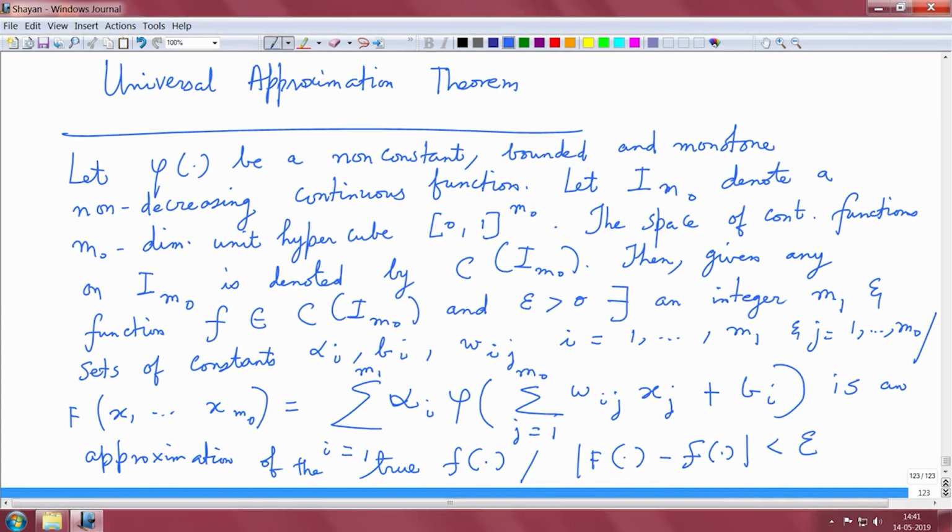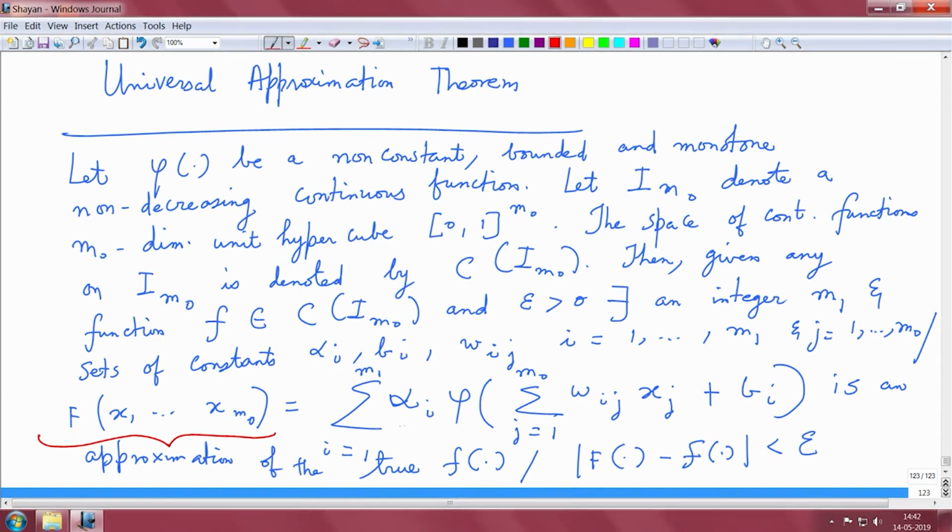Okay. So, this deviation is within epsilon. Now, what this means is, if you can see the connections of the form of the approximating function that I have written down here, maybe I will erase this, you just focus on this approximation function.